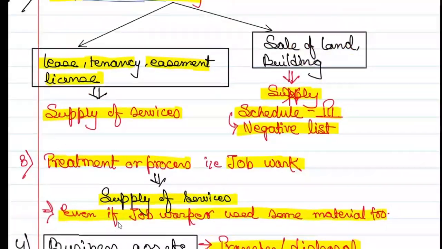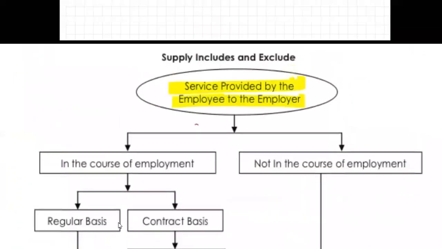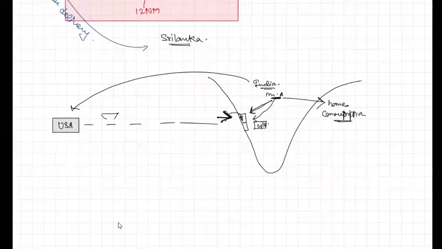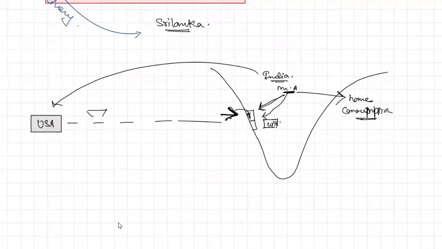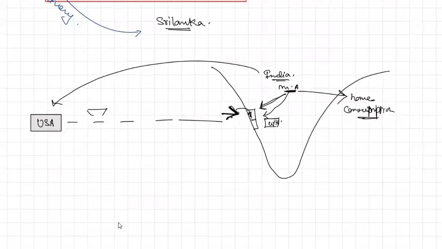Suppose Mr. A has kept the goods in the warehouse, and while the goods were in the warehouse, Mr. A sold the goods to Mr. B. He sold warehouse goods. If warehouse goods have been sold, then on this transaction it will never be a supply, so no GST.